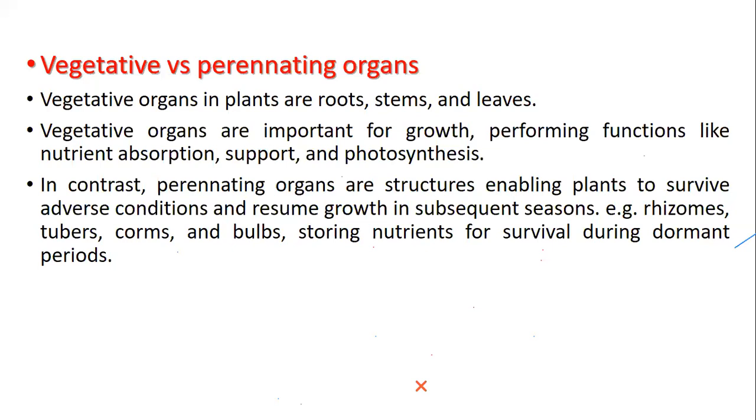Those underground vegetative organs like the rhizomes, the root tubers, the stem tubers, are going to provide food and water for the plant to remain alive, so that if the rains come, it will sprout into a new plant, or resume growth altogether.